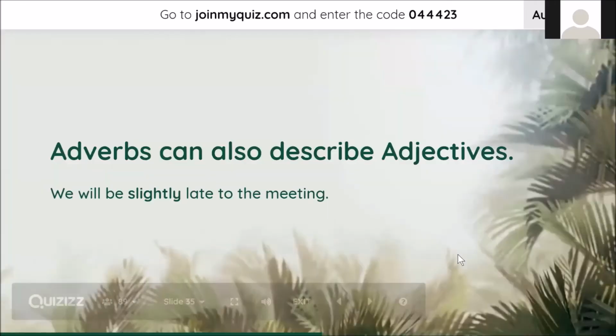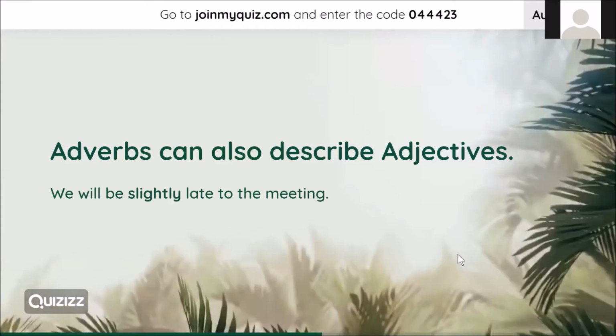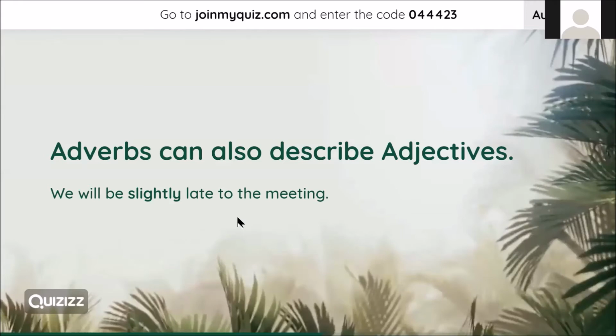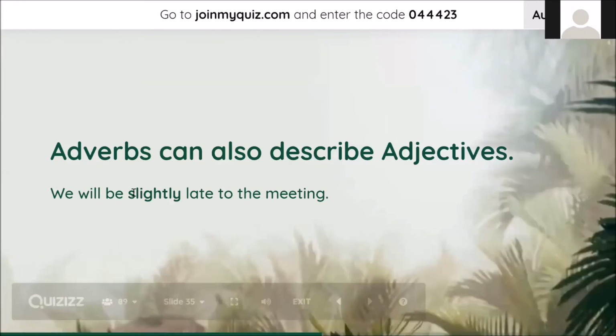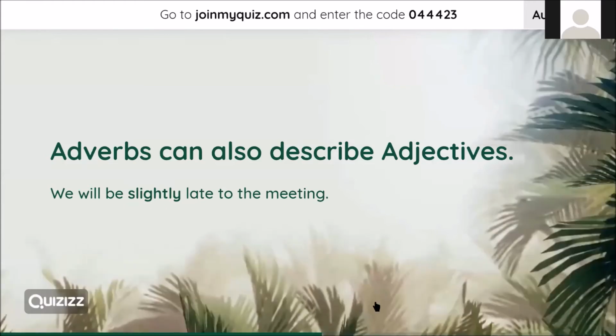Okay, so adverbs can also describe adjectives. We will be late to the meeting. How late will you be? Slightly late. Okay, so same thing, you see, slight 是 adjective，你加 ly 变成 adverb.